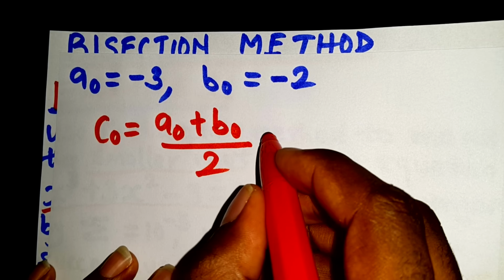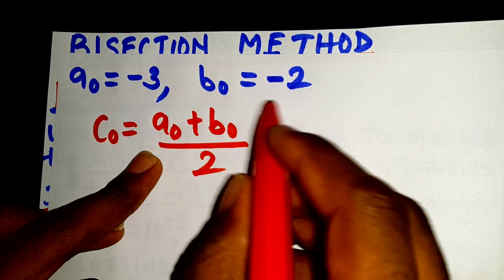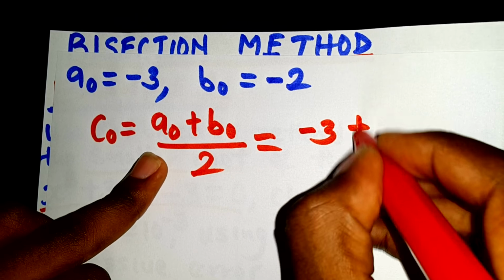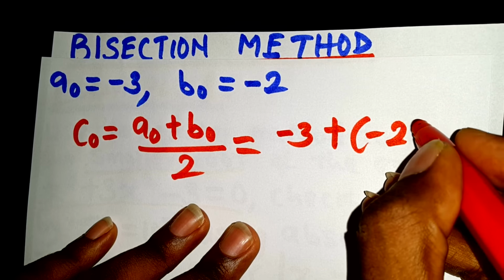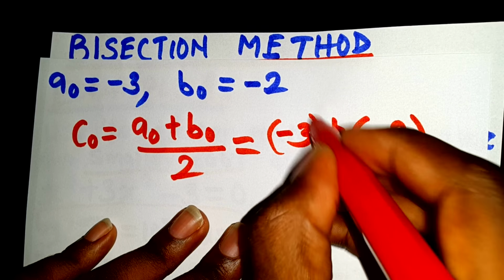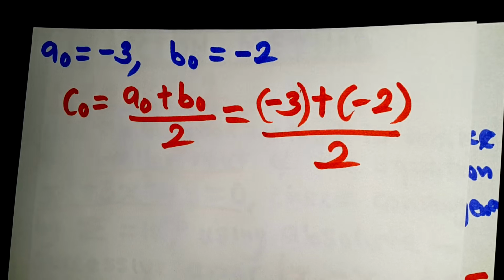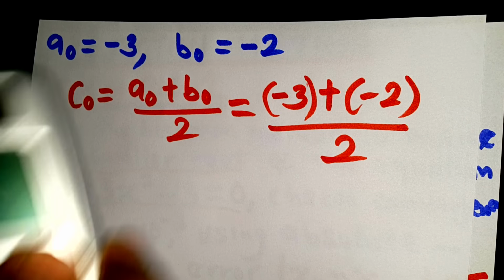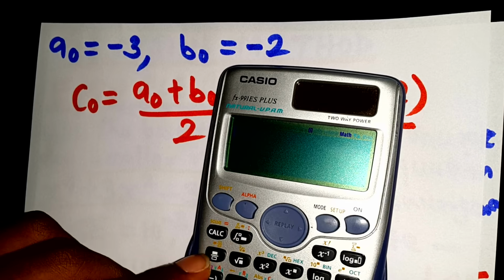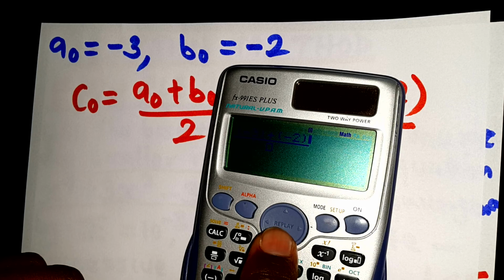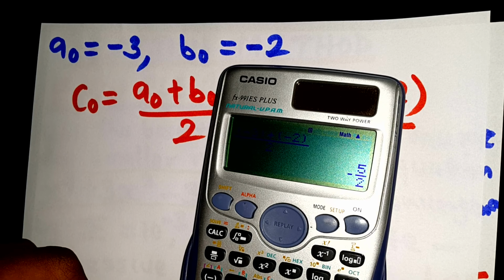Putting in our values, A naught is minus 3, so we have minus 3 plus minus 2, divided by 2.